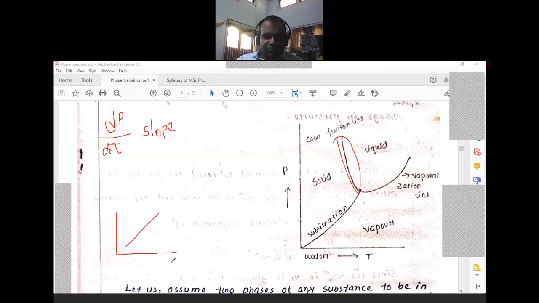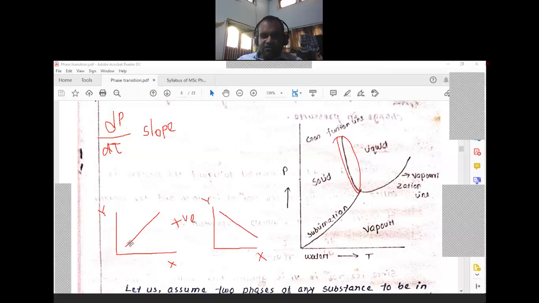Let us quickly revise something. Suppose x-axis and y-axis. This plot, is its slope positive or negative? This slope is positive.